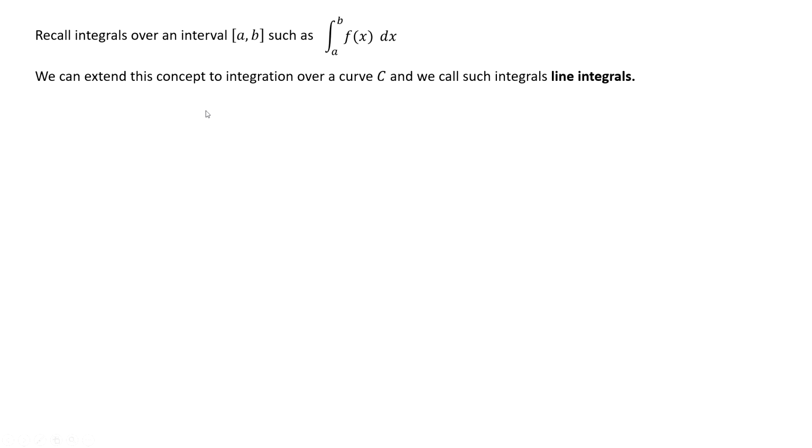In the sense, we could have a function that's being integrated not just on an interval a to b. The integral from a to b would be a sort of horizontal line segment, you can think of it, right? Like that, right? What if it's not just a horizontal segment?